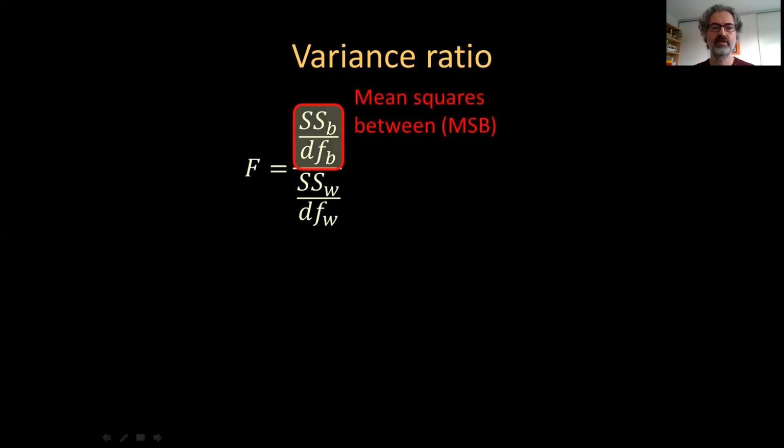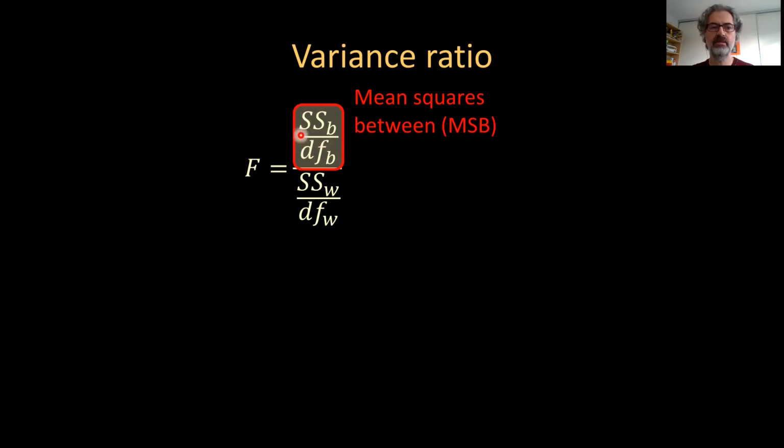And now we are ready to calculate the ratio that is of interest, which is a ratio between mean sums of squares. The ratio that we're interested in has two components. The first component, on the numerator, is called the mean squares between. It is the sum of squares between divided by the degrees of freedom between.